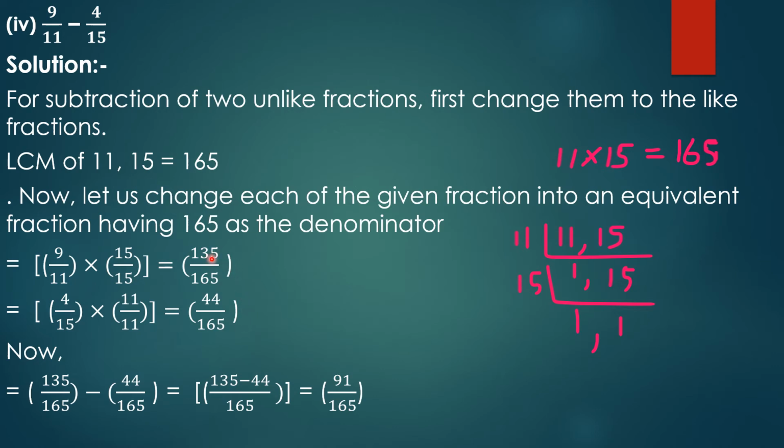Subtraction of 135 divided by 165, because this is equivalent of 9 by 11. Therefore 135 divided by 165 minus 44 divided by 165, which is equal to, since the denominators are same, write down as it is and subtract the numerator. 135 minus 44. So what is 135 minus 44? It is 91. So the answer is 91 divided by 165.